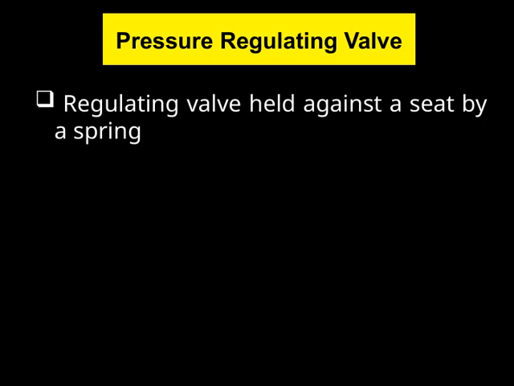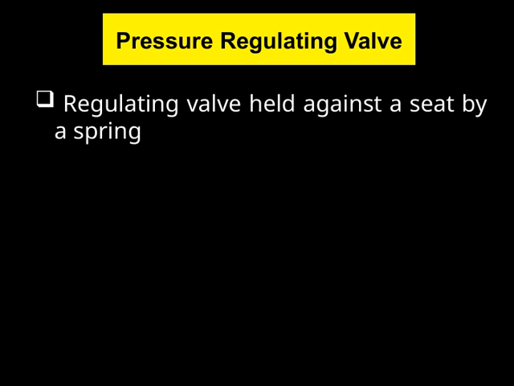Let's take a closer look at how a pressure-regulating valve works. Essentially, this valve features a regulating valve that is held against a seat by a spring. The key idea here is that the spring applies a force that keeps the valve closed until a certain pressure is reached. When the pressure in the system exceeds this set point, it overcomes the spring force and pushes the valve open, allowing fluid to flow through.